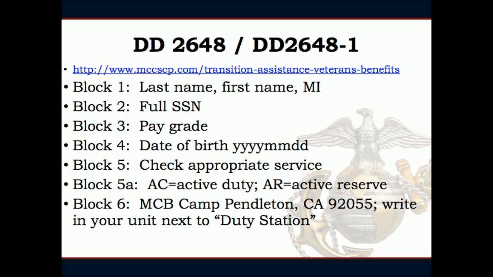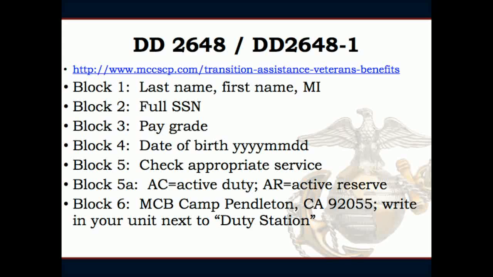So let's get started. The DD 2648 is a 5-page document. Starting on page 1, enter your last name in block 1A, your first name in block 1B, and your middle initial in block 1C.